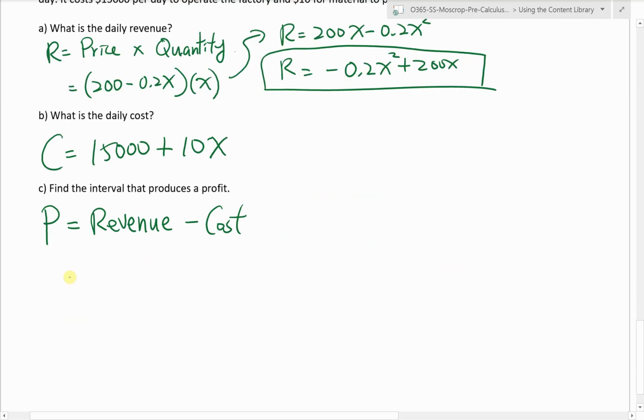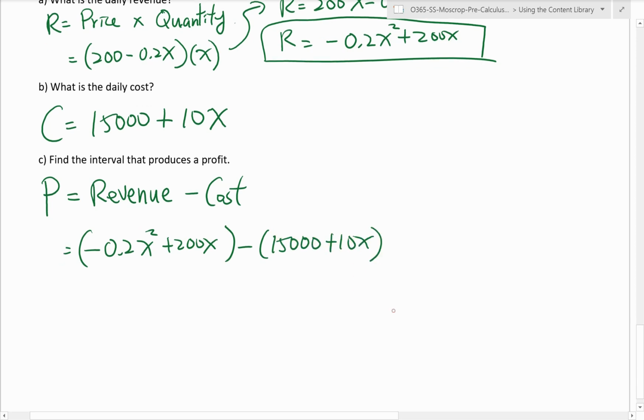So revenue, we already have the equation, that is negative 0.2x squared plus 200x minus the cost, which is 15,000 plus 10x. Okay, now we can collect like terms. We get negative 0.2x squared minus 10x plus 190x, and then minus 15,000.